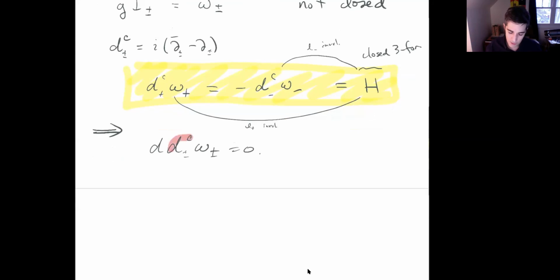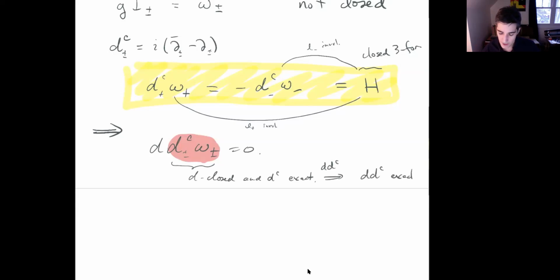This is like an emergency situation where the algebraic geometers start screaming and run out of the building, because the problem is that you have a class which is D closed and DC exact. And this, by the DDC lemma, tells us that it's DDC exact. And this implies that H must be 0 in cohomology.